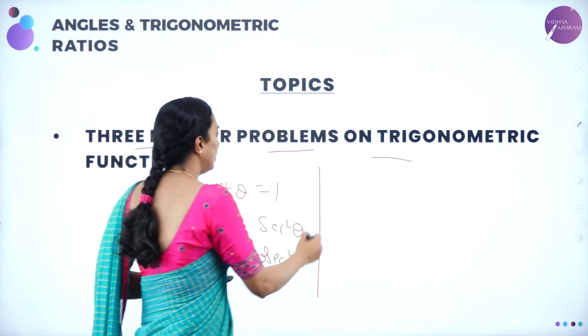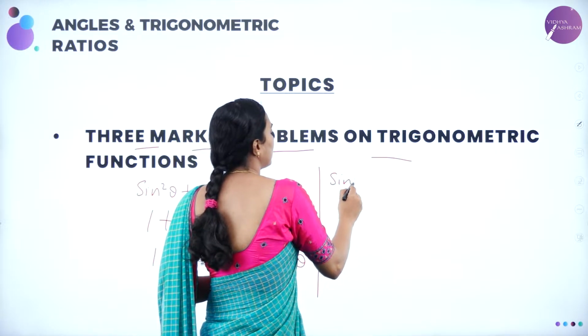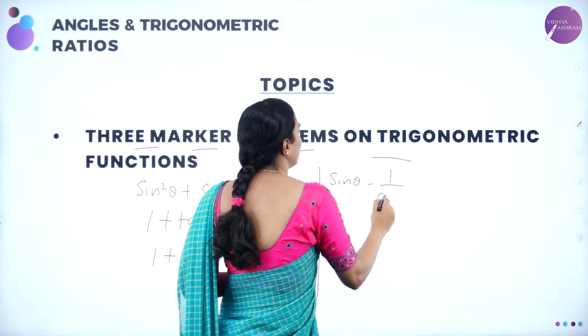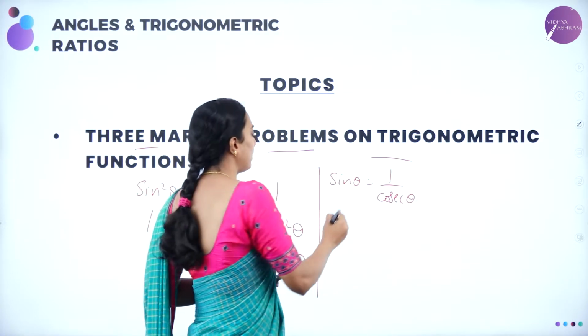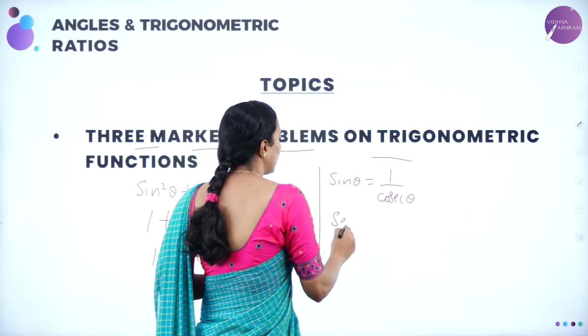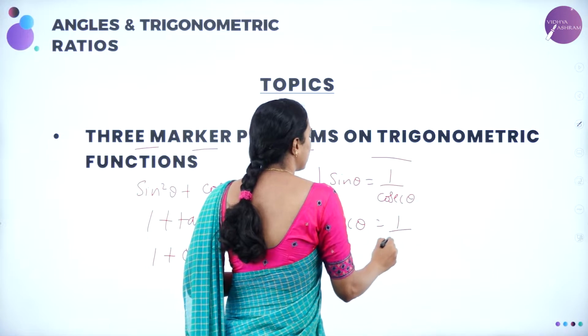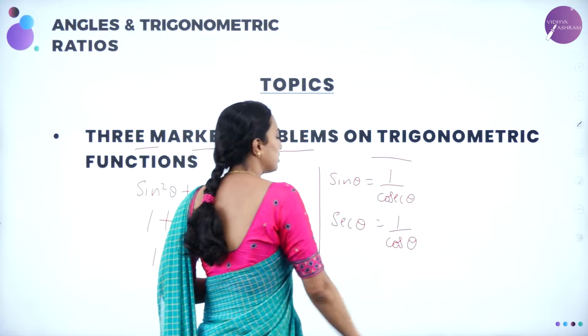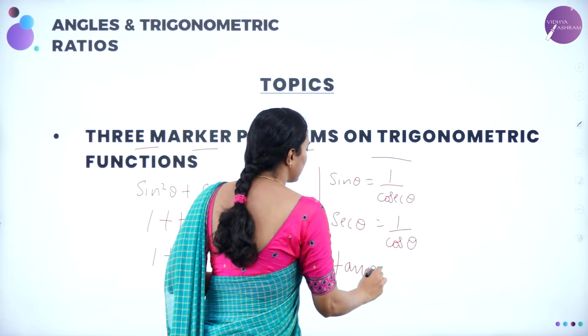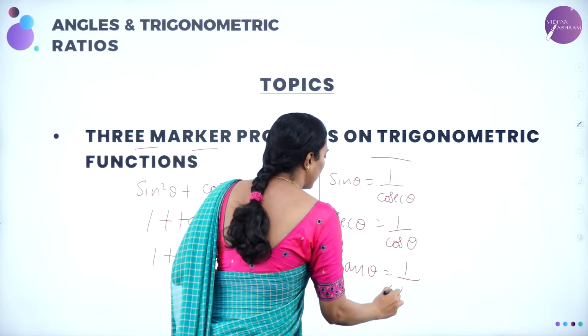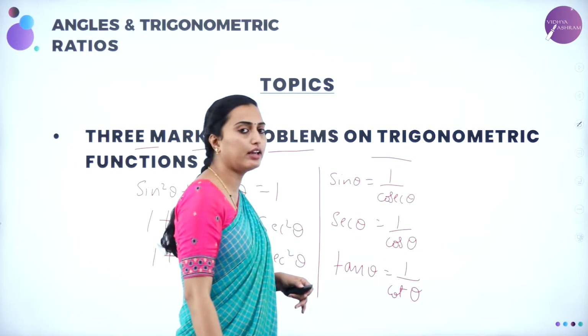Reciprocals of each other: sin theta can be written as 1 by cosecant theta, or cosecant theta can be written as 1 by sin. Secant theta can be written as 1 by cos, or cos theta can be written as 1 by secant. Tan theta can also be written as 1 by cot, or cot theta can also be written as 1 by tan.